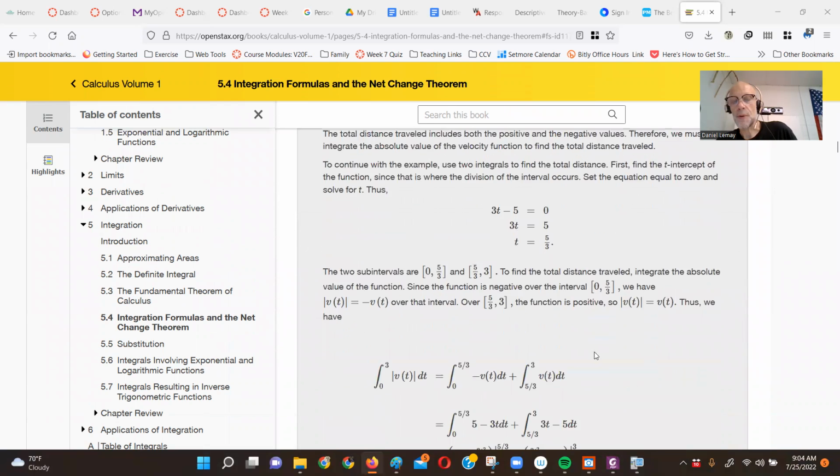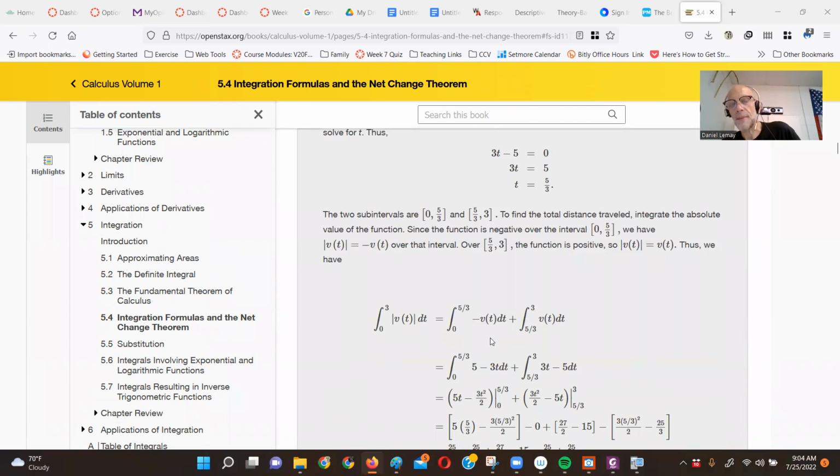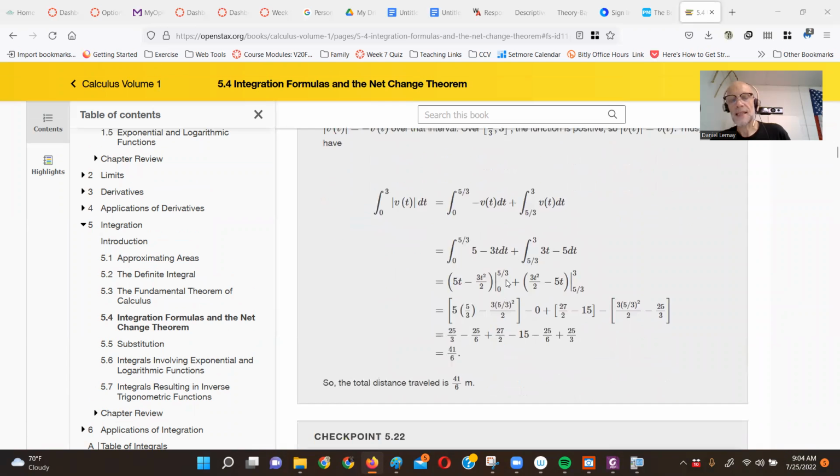Then you set up your two integrals by hand. What I would do is put that negative out in front of the integral, because that's the constant multiple rule, right? So just find the area normally, and then remember you're going to change the sign. Okay, so that's how you do that.